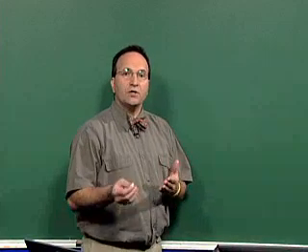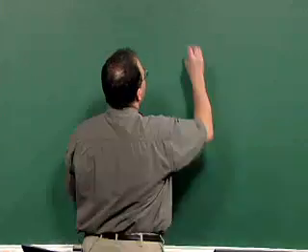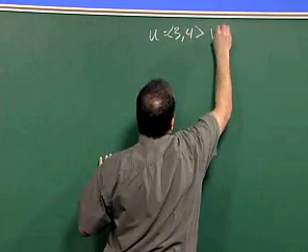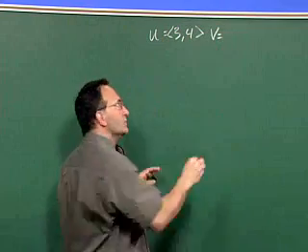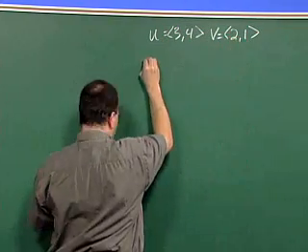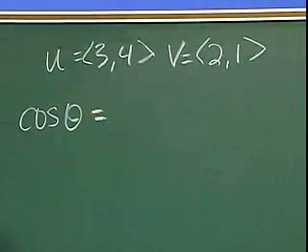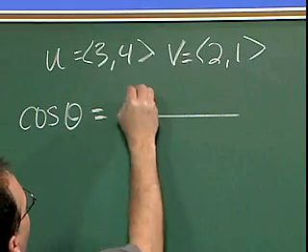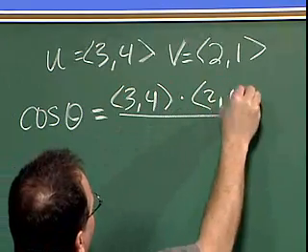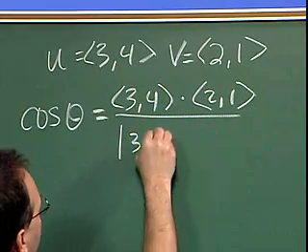So we want to use the dot product formula that we just looked at. And we know that the cosine of the angle between them, the cosine of theta, would be equal to the dot product, 3, 4, dot 2, 1, over the magnitude of each vector.